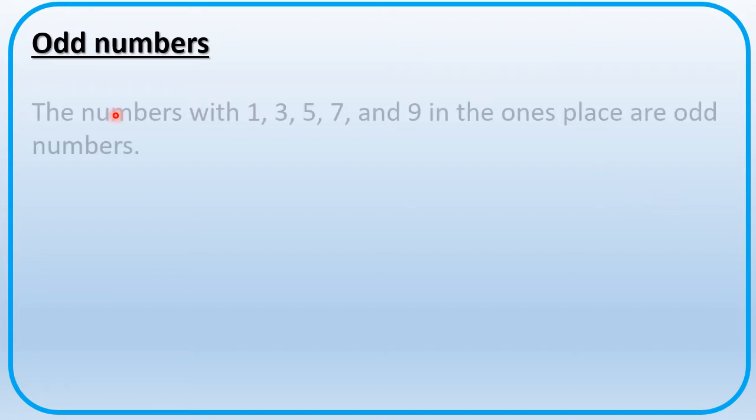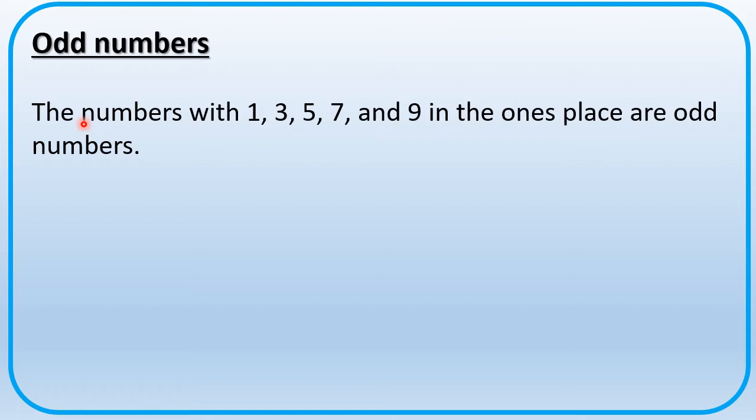First, let us understand the meanings of odd numbers and even numbers. The numbers with 1, 3, 5, 7 and 9 in the ones place are odd numbers.